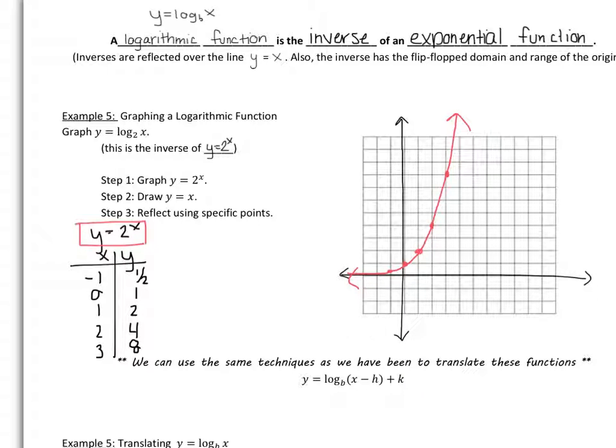So now we are going to do the inverse. So y equals log base 2 of x. So remember, for inverse, you just flip the x and the y. So instead of -1, 1/2, we're going to have 1/2, -1, and then 1, 0, 2, 1, 4, 2, 8, 3. So graph those.